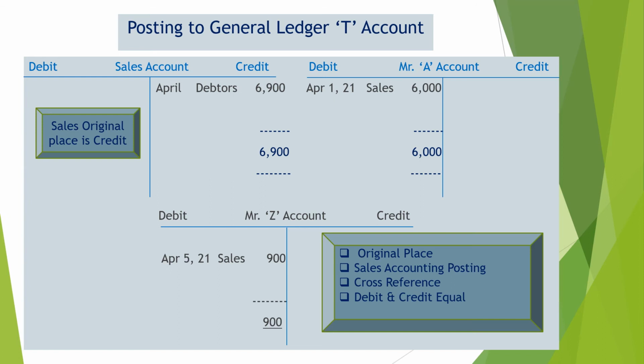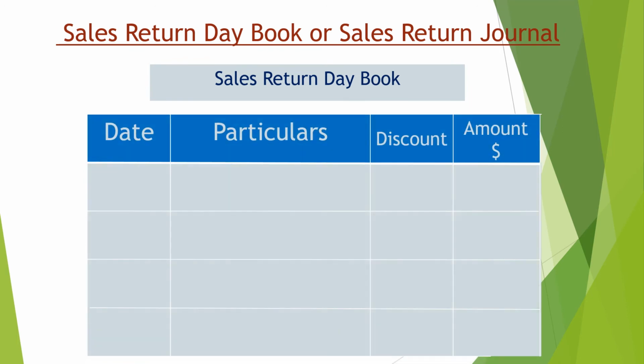Now we come to the sales return daybook. In this book, the credit sales returns of goods are recorded. Sales return original place is debit. The format is the same as that of the sales daybook.